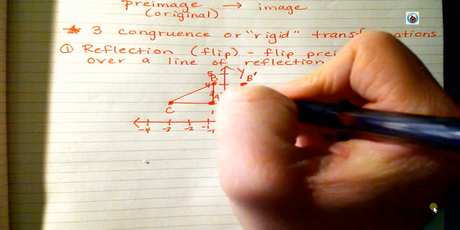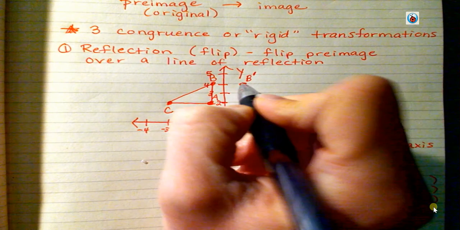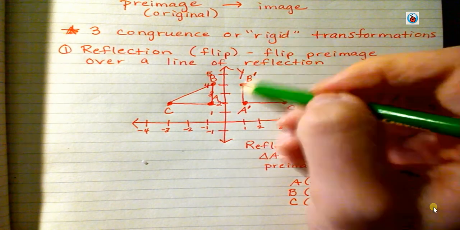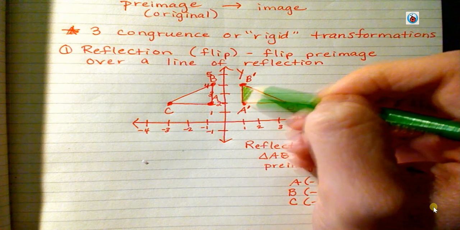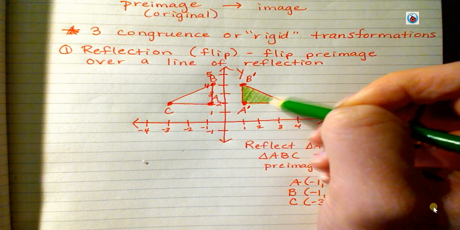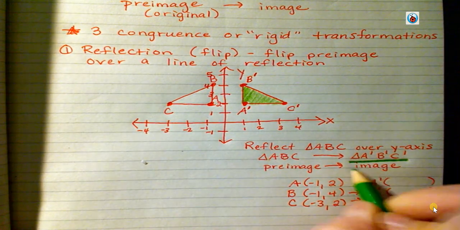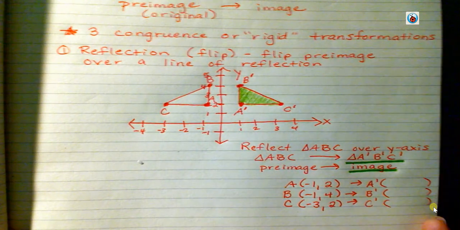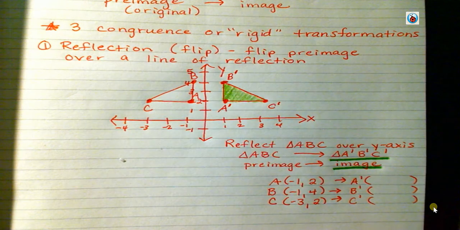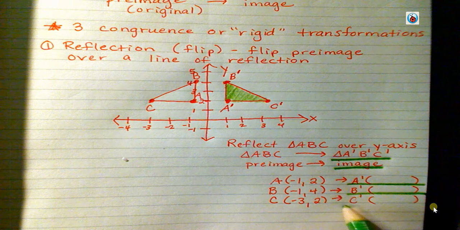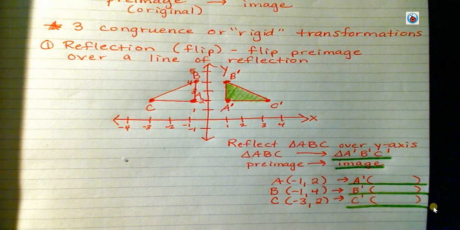Draw in your new triangle. Take a colored pencil and shade that in so I can see my new image. It's triangle A prime, B prime, C prime. It's my image. And then I'm going to take my new image and label all of those vertices. I'm going to write them down and say what they are.